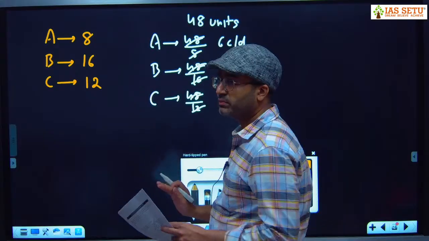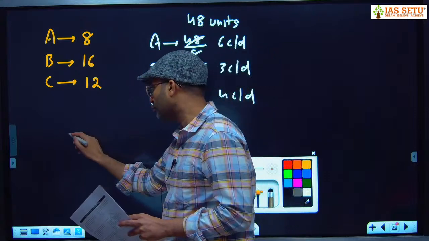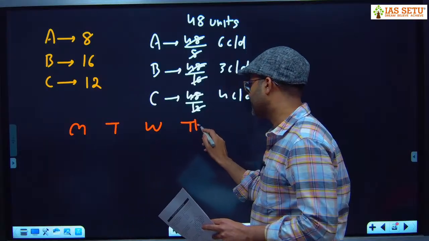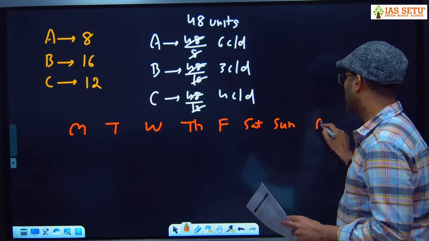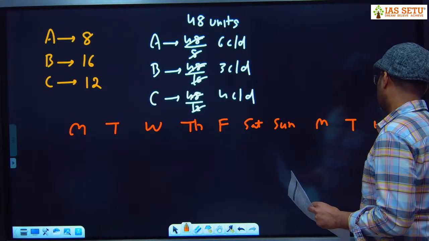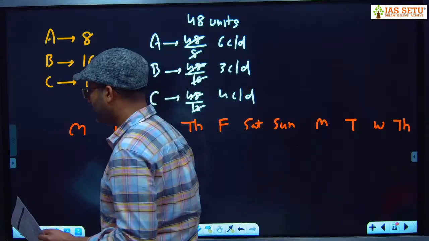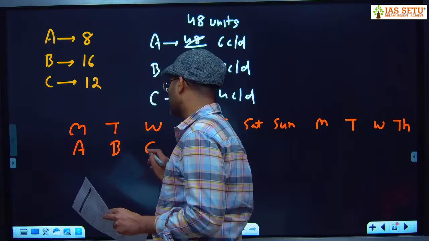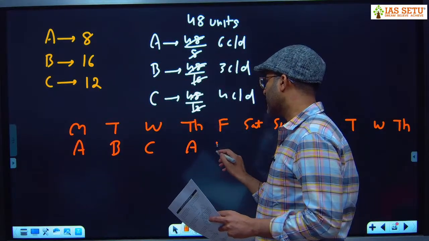Then it is not mentioned that they work together. They work on Monday, Tuesday, Wednesday. So we make a chart: Monday, Tuesday, Wednesday, Thursday, Friday, Saturday, Sunday, Monday, Tuesday, Wednesday, Thursday and so on. It is mentioned A work on Monday, B work on Tuesday, C on Wednesday, then A on Thursday and so on.